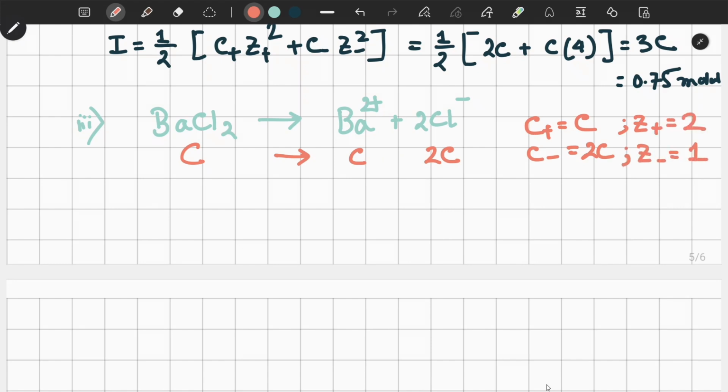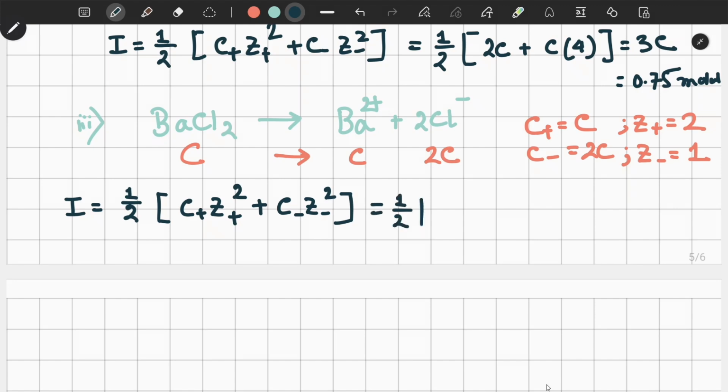So eventually it will be 4C plus 2C. Yes, it's 3C. And the concentration that was asked in the question was 0.2 molar. So it will be 0.6 molar.